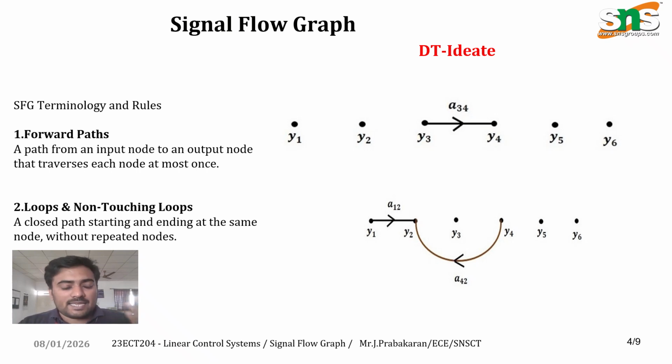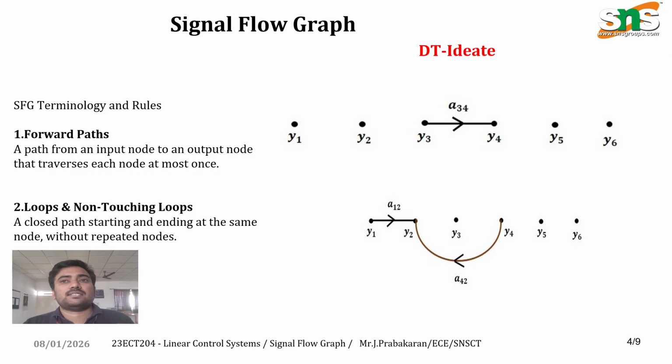And the second thing is loops. A loop is a closed path that starts and ends at the same node without repeating any node. Loops represent feedback in the system.